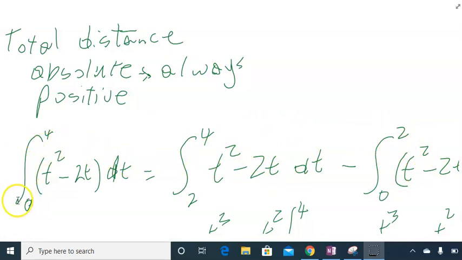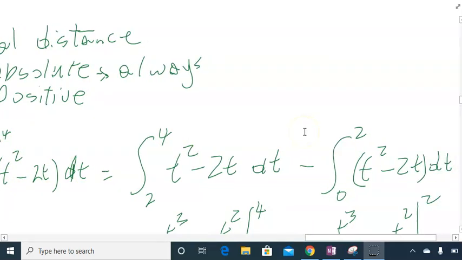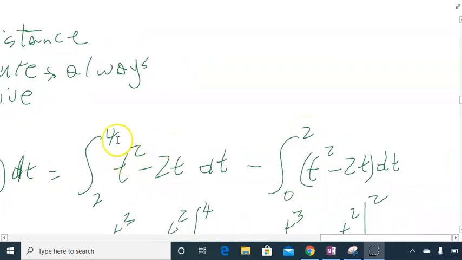So the integral from 0 to 4 of t squared minus 2t dt is going to be equal to the integral of the positive part, which is the integral from 2 to 4 of t squared minus 2t dt, and then minus the integral of the area that's going to be negative, which is the integral from 0 to 2 of t squared minus 2t dt.